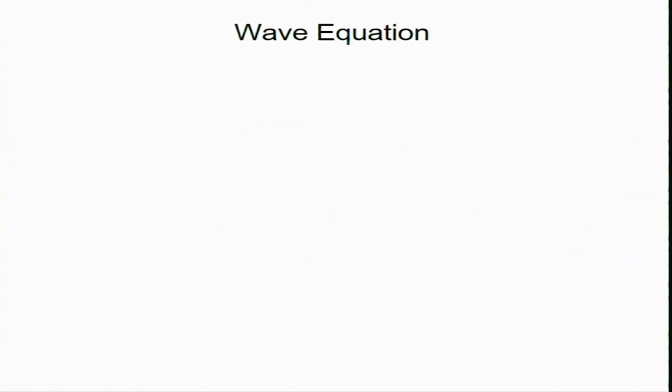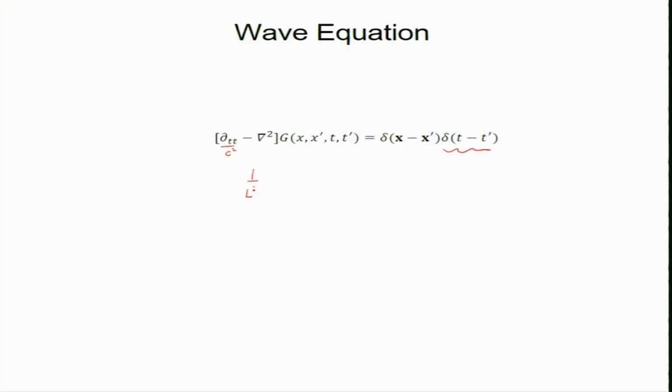Now, the wave equation, there is a slight difference, the right hand side has delta of t minus t prime. Now, on the left hand side I had to divide by c squared, which I did not write, but the left hand side dimension remains the same, 1 over L squared, right. Basically Laplacian and d squared by dt squared over c squared have the same dimension. Let us look at 1D.